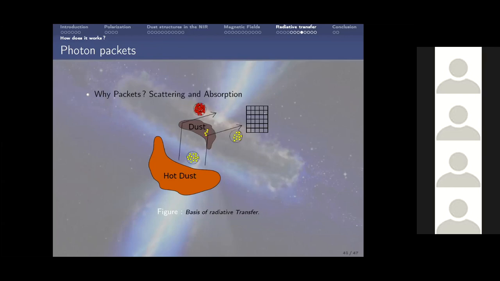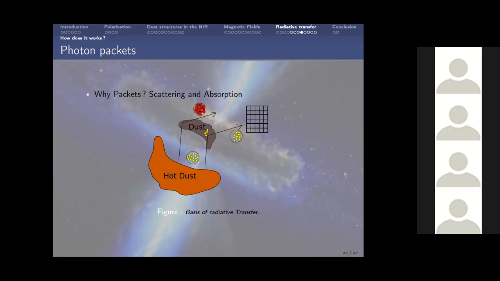So the solution, and I've not invented that, it's something usually done in a radiative transfer code, is using photon packets instead of single photons. You can either scatter the entire packet or emit the entire packet, or have part of the photons absorbed and another part re-emitted by the dust population.